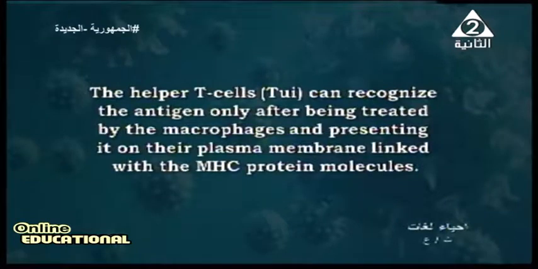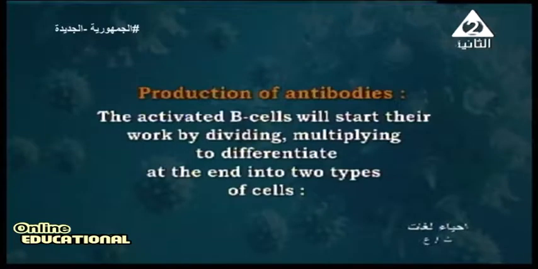The helper T cell, after recognizing the antigen treated by the macrophage and presented on its plasma membrane linked with the MHC protein, what happens? Production of antibodies. These are the antibodies against the microbe.